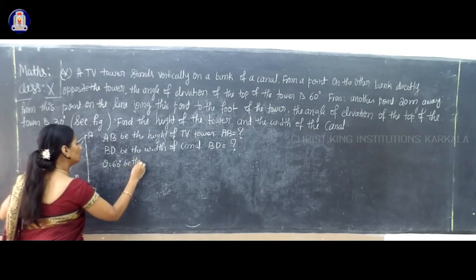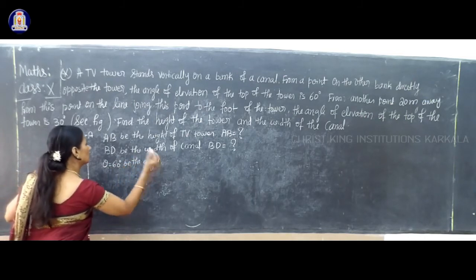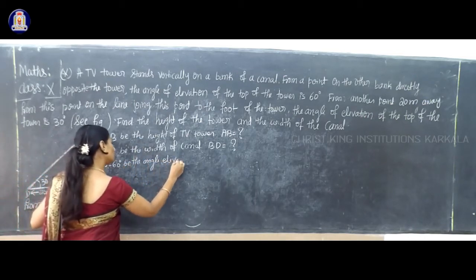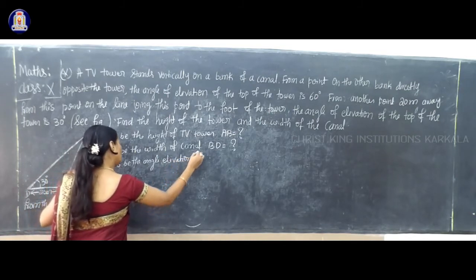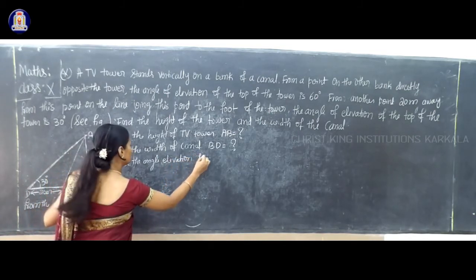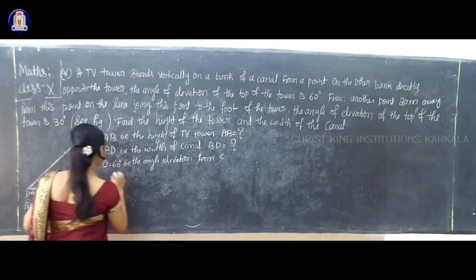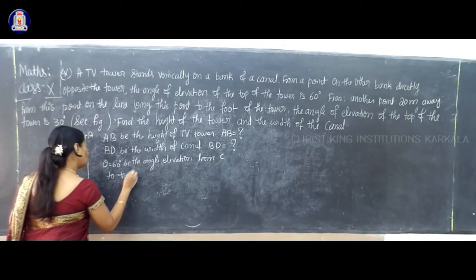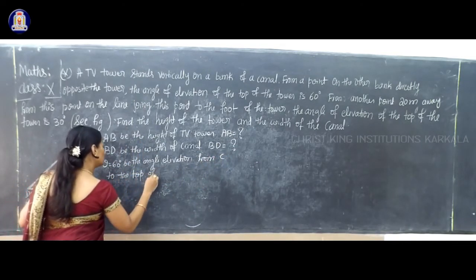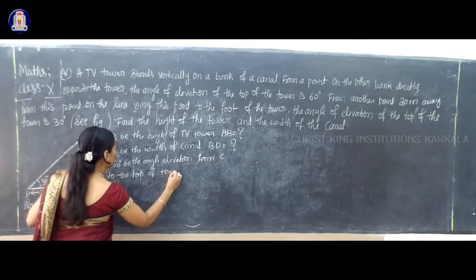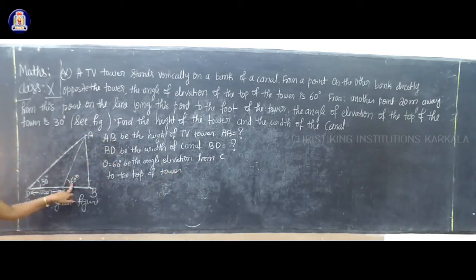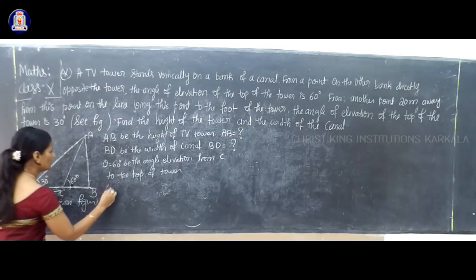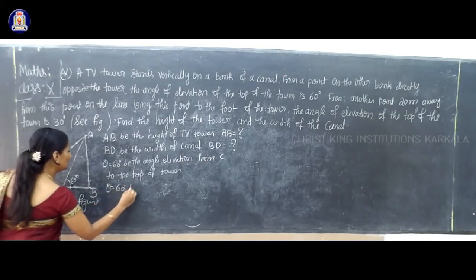The angle of elevation from C to the top of the tower, here the TV tower, theta is 60 degree.